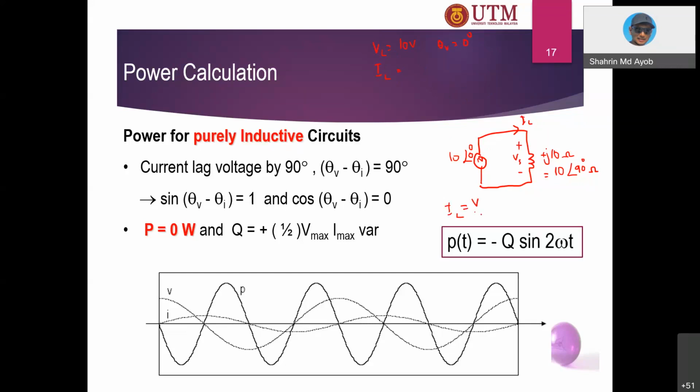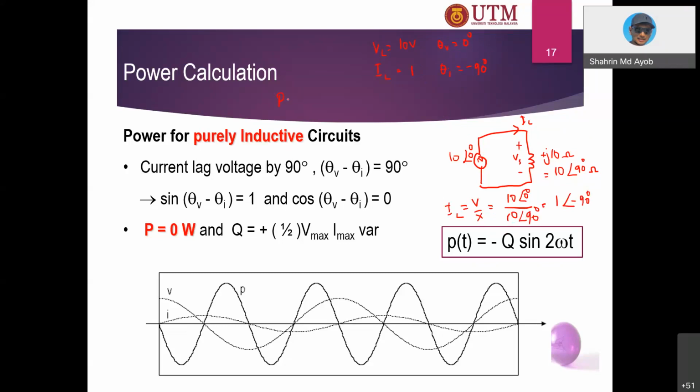Your IL is V over X. Your V is 10 and your X is 10 at 90 degrees. So you become 1 at negative 90 degrees. So your current is 1 ampere, and the angle of the current is negative 90 degrees.